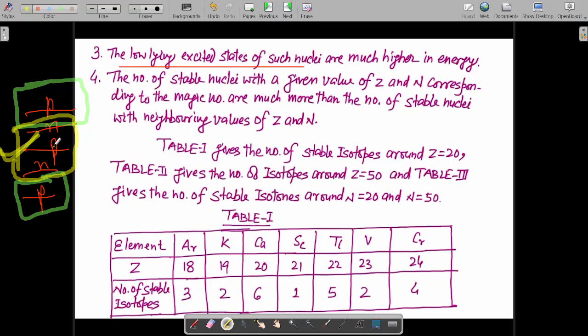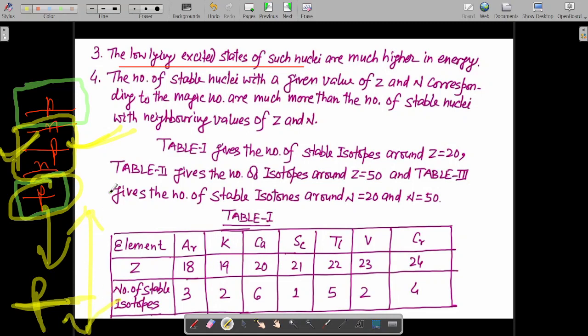These three yellow box orbits will be much higher in energy, and this particular proton will lie somewhere over here, so this gap will be very high.